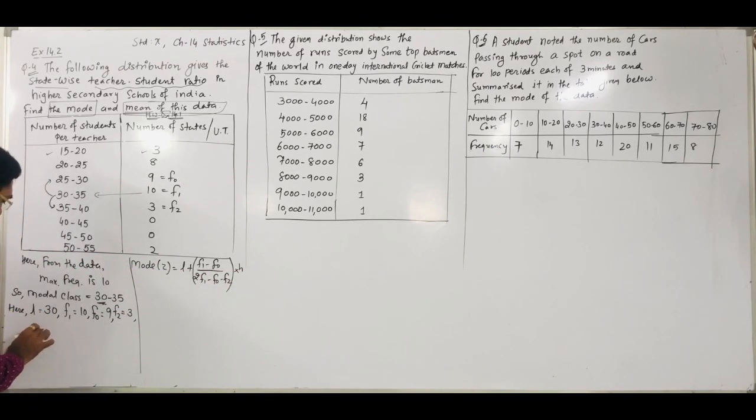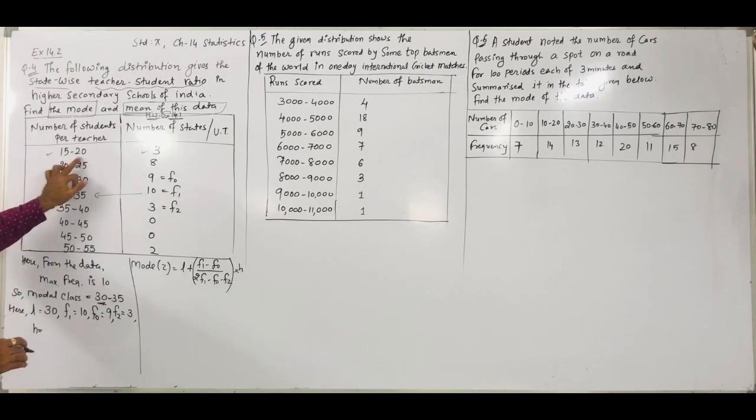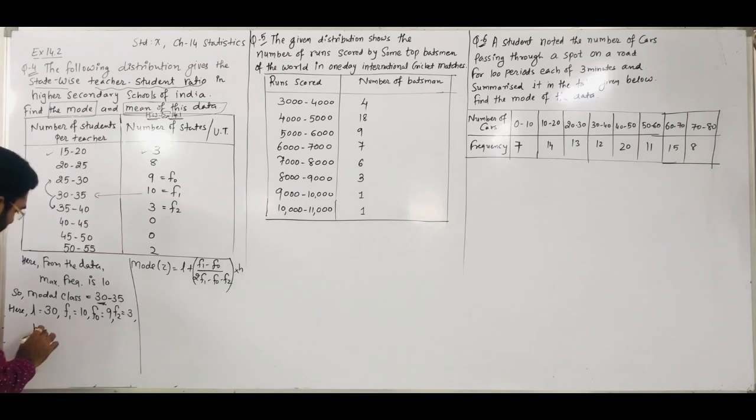So how can we find the class size? We already discussed that. Observe the data here: 15 to 20, 20 to 25, 25 to 30 is a continuous class, and each and every class size is the same. So from the first class we can find the H value: upper limit minus lower limit. 20 minus 15, so we get the H value as 5.